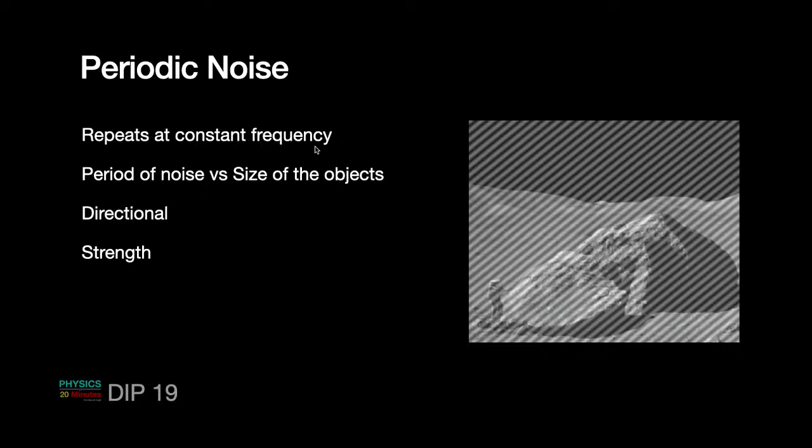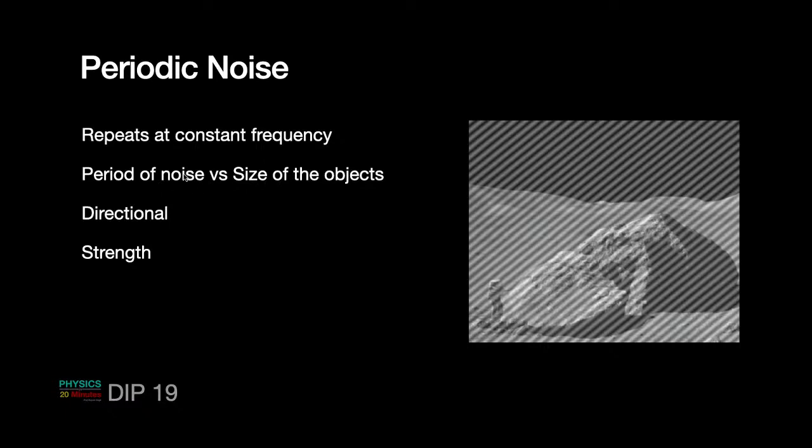Now, you can see that the objects in the image are fairly large in size. Even one of the smallest objects, this man standing here, is much larger than the size of the noise. There are multiple lines here. So size of the objects versus the period of the noise is a parameter.